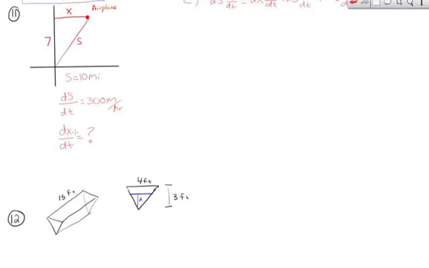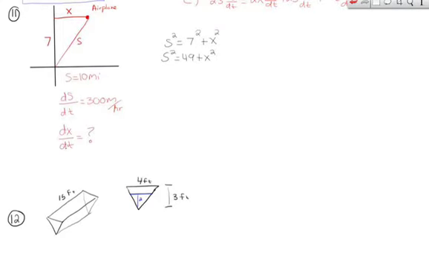So I need to find a way to relate x and s, and that would seem to be the Pythagorean theorem. So I know that s squared equals 7 squared plus x squared. S squared equals 49 plus x squared. But I don't want just the current state of things. I want to know how x is changing.